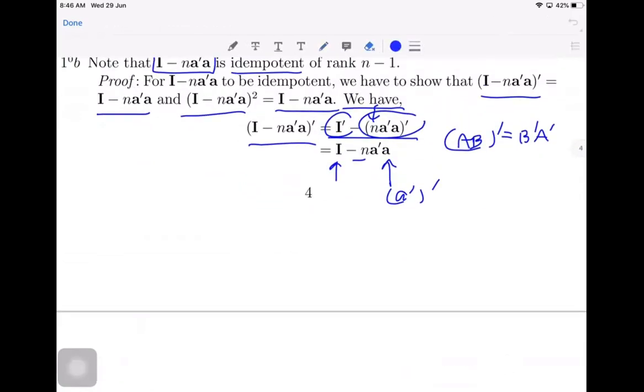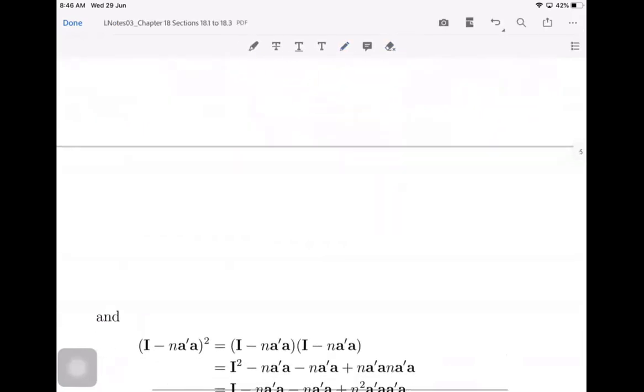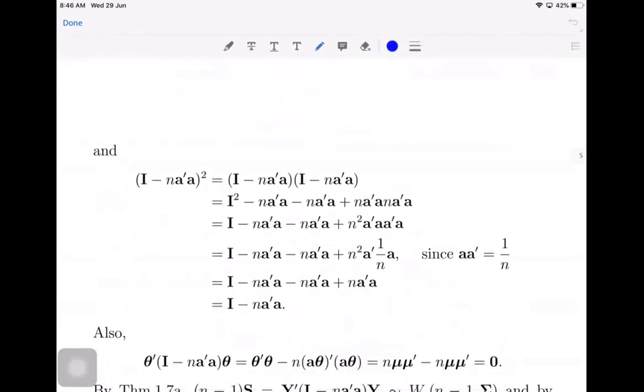And if you look again, what you obtain, this is actually the inner term there. And for the square, you just multiply that 2 and then do distributive property. You have that. And then this is just a constant, so that is just n squared. But if you try to multiply A prime A, that is just equal to 1 over n.